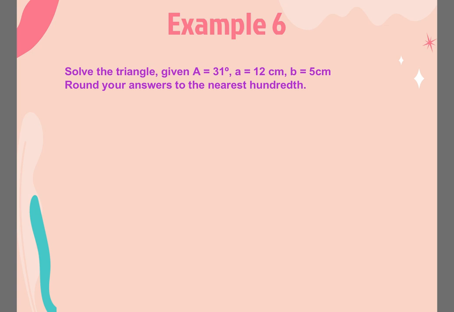It says solve the triangle, so I'm going to label my triangle ABC. I'm given A is 31 degrees, side a is 12, and side b is 5. This is a side-side-angle scenario. Again, I know because it's two sides and not the angle where they meet, so the non-included angle.